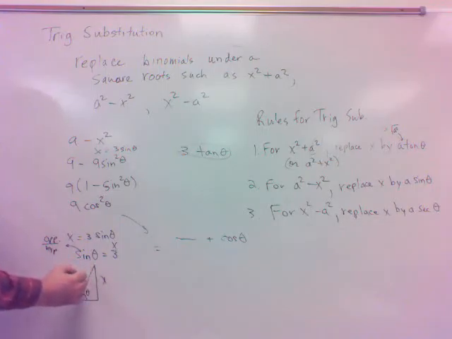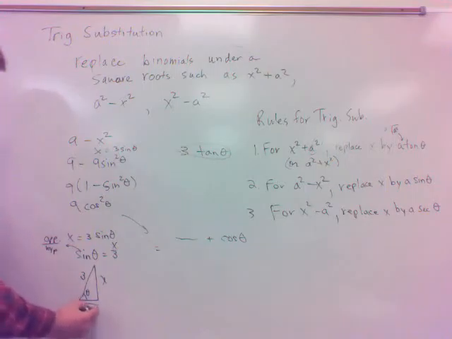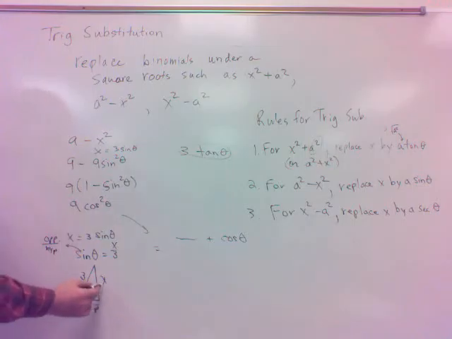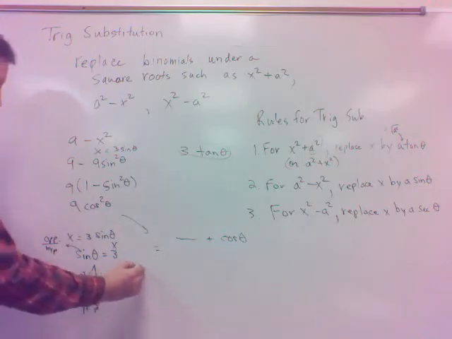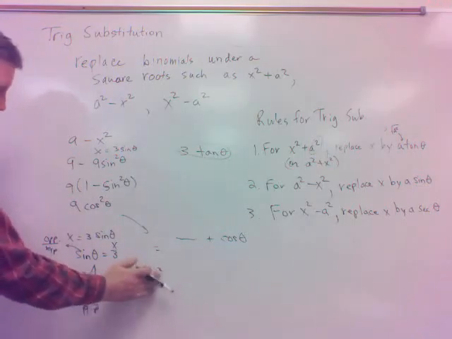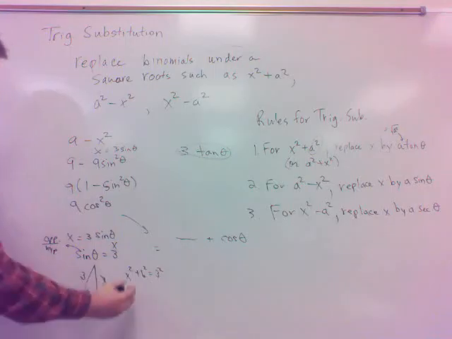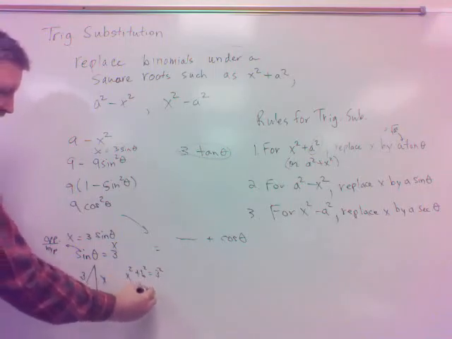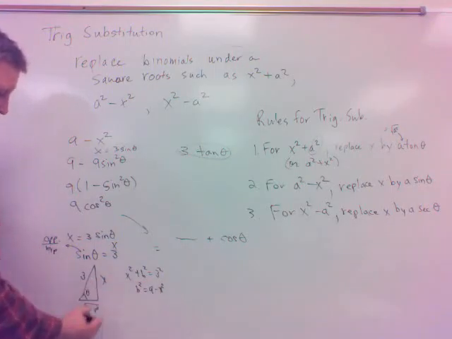Adjacent over hypotenuse. So how do I get this one? Pythagorean theorem. It would be the square root of 9 minus x squared, wouldn't it? Because a squared plus b squared equals c squared, and so b squared would be 9 minus x squared. And so b is the square root of 9 minus x squared.